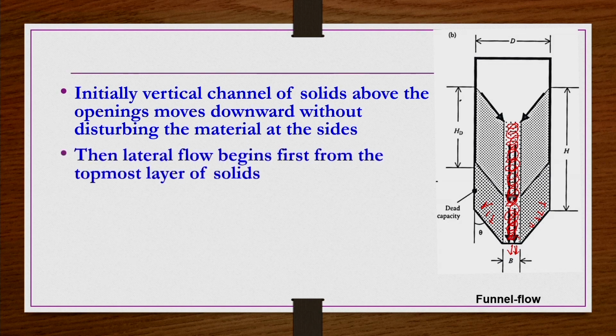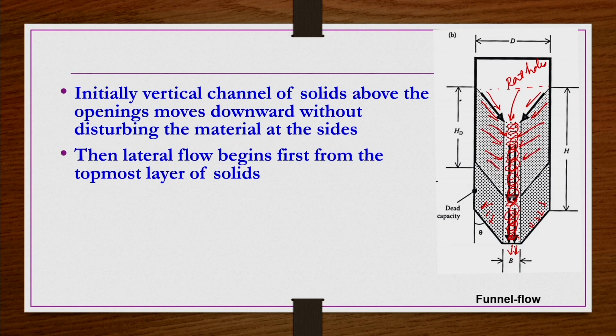Then the lateral flow begins from the topmost layer of the solid. After having a vertical channel, which is also known as a rat hole in general, the lateral motion begins. The particles are initially in a horizontal surface like this, then lateral motion starts from the topmost layer of the solids, and those materials flow out through the rat hole, through this vertical channel.